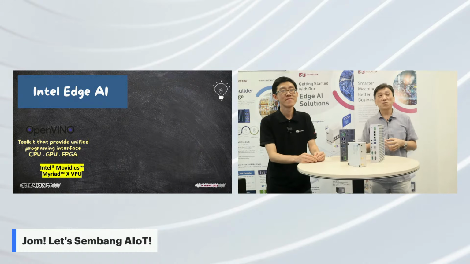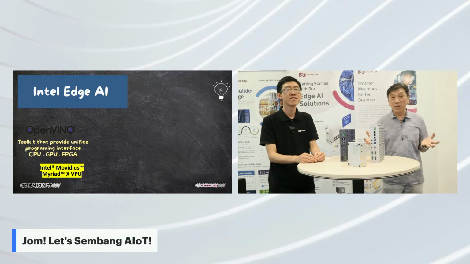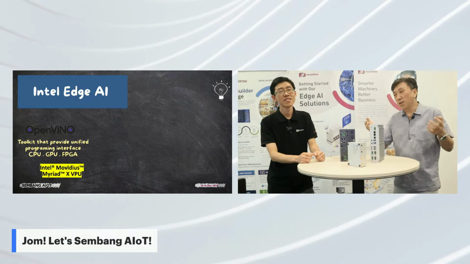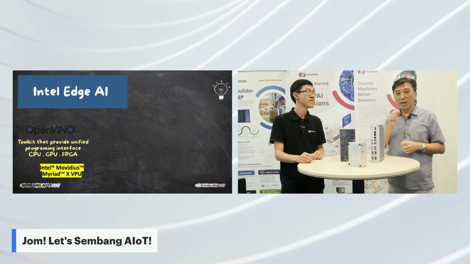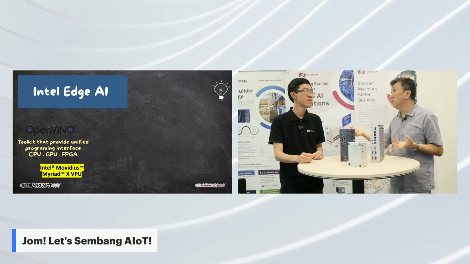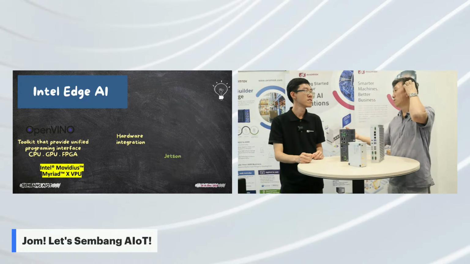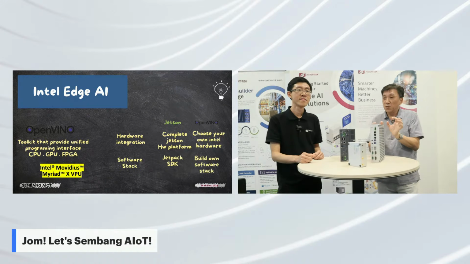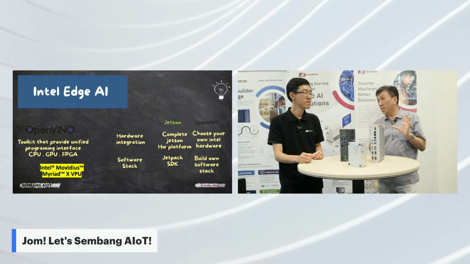For those of you who haven't heard about this Myriad Movidius, this is a VPU. VPU stands for Vision Processing Unit. I think right now, if you buy the Core Ultra, the new series of Intel, they already have a built-in NPU, they call it neural processing unit, together with the GPU to make it more powerful in handling some applications, especially vision.